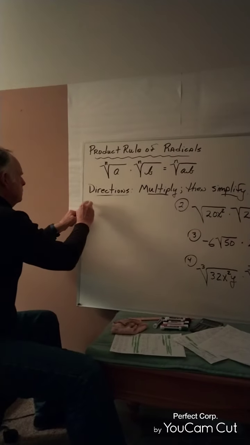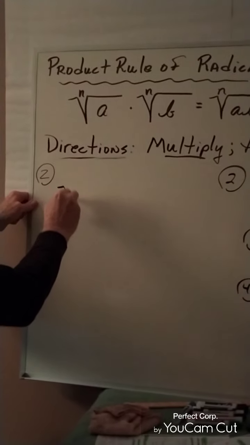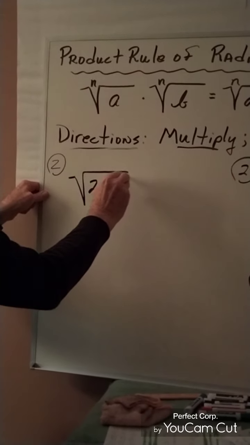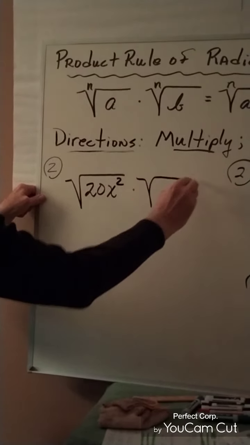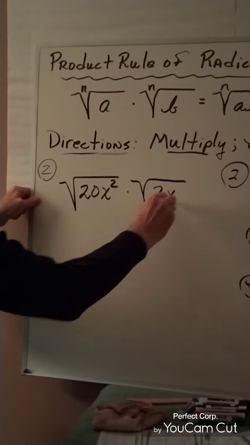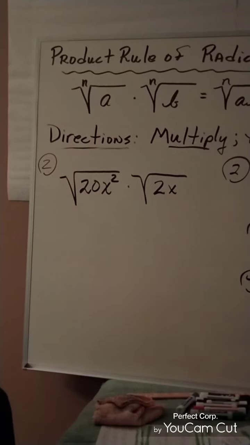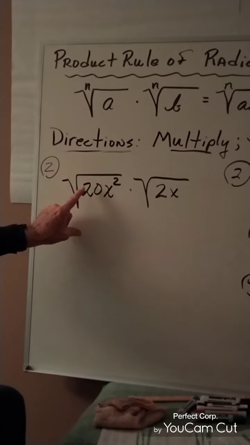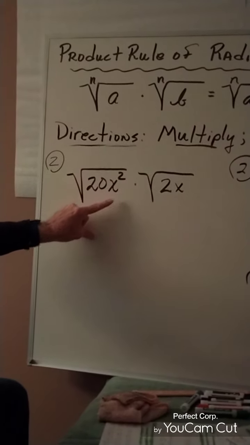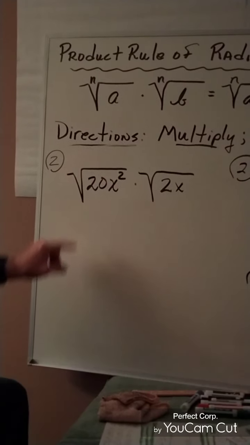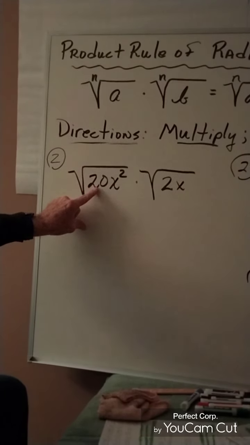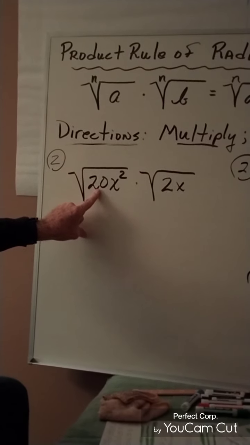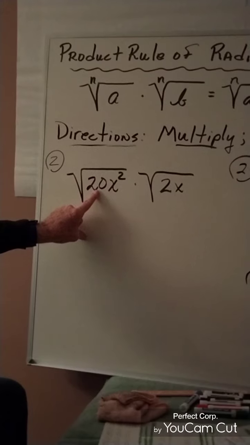Number 2. The radical 20x squared times the radical 2x. Now here's what I would suggest. When you look at this first radical expression, you might look at that number factor of 20 and see that it contains a perfect square factor of 4.